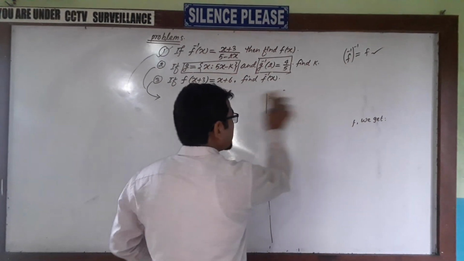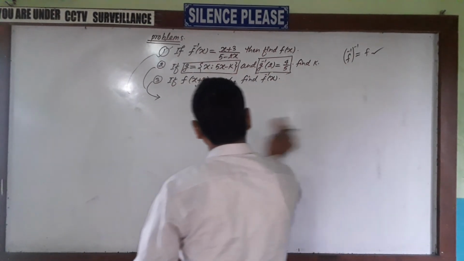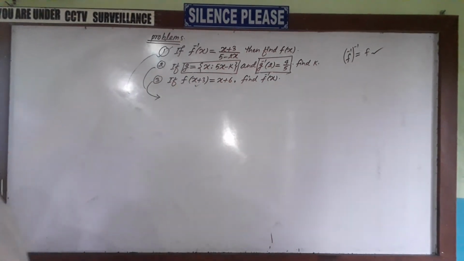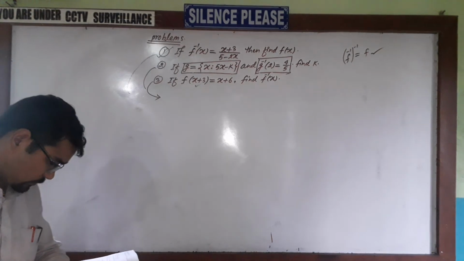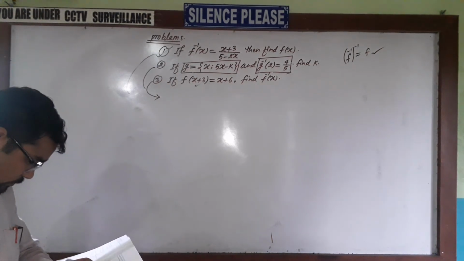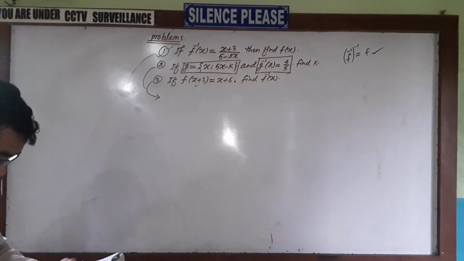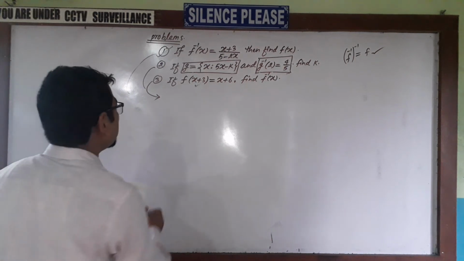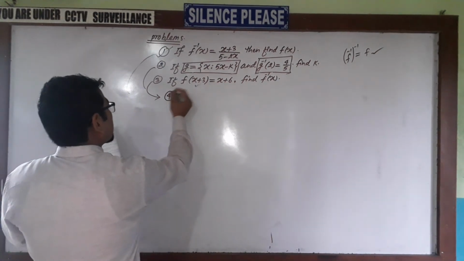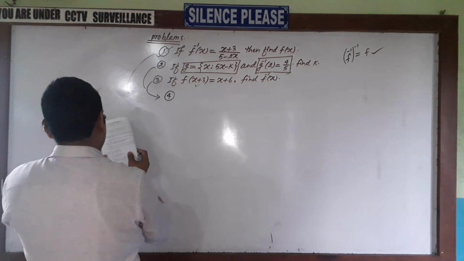Okay, so after this, I would like to take one more example. Now, all the students look here, question 4. The same type of question, I take one more example.